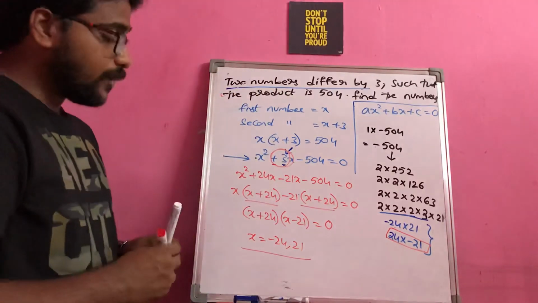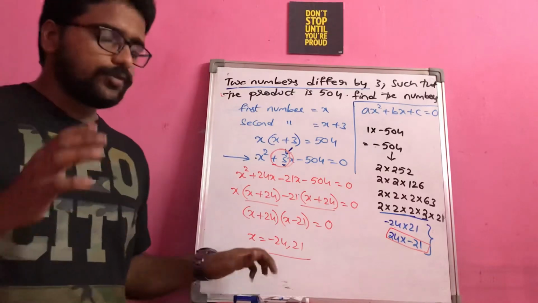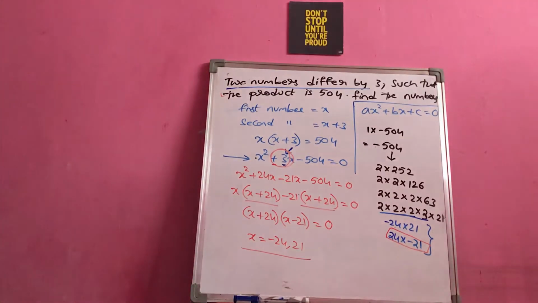The point you have to understand here is that you just have to follow the given instructions correctly, and make sure you know how to factorize the given number. Whenever you have bigger 3-digit numbers, you should be careful in arranging the factors.